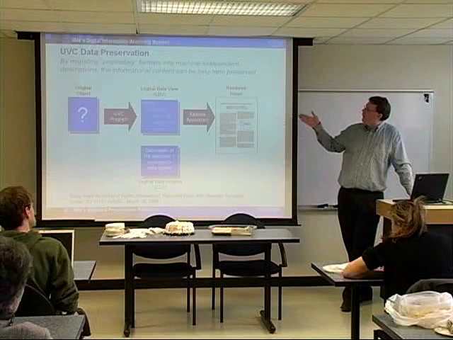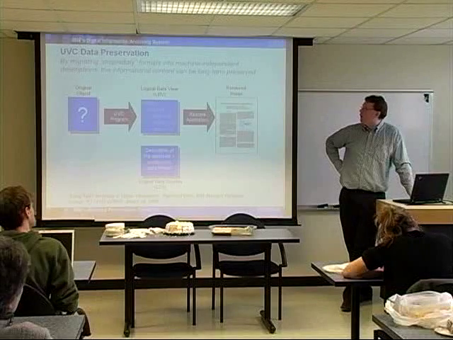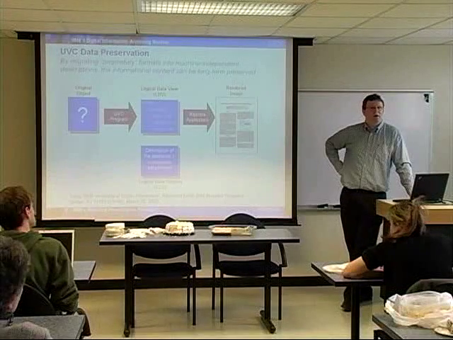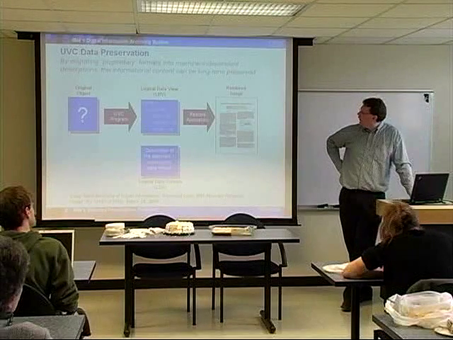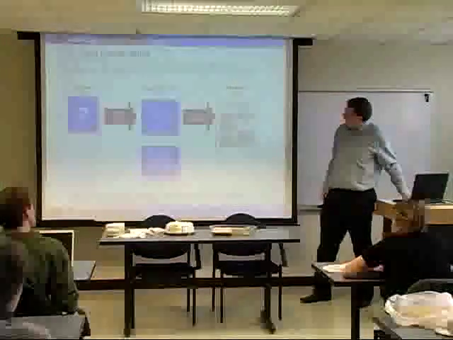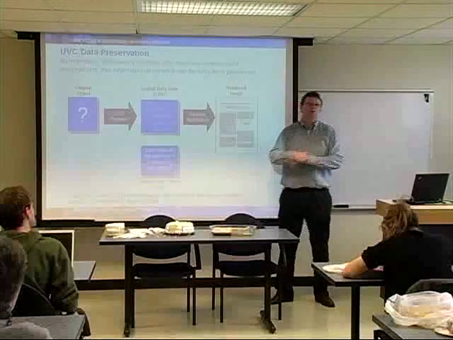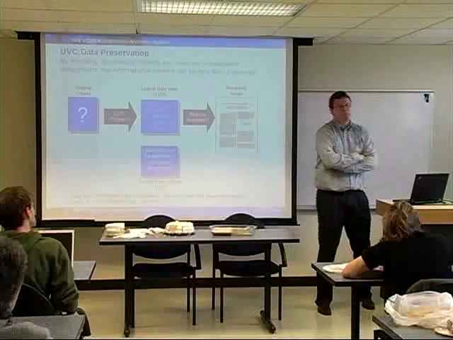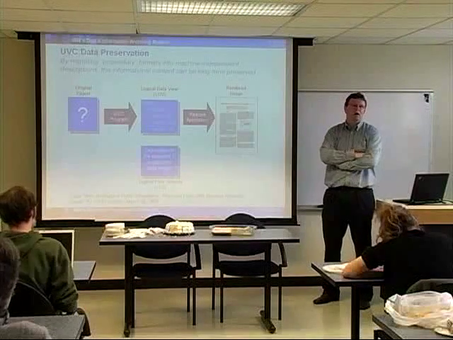So we push that out by designing a UVC program that takes that JPEG file and generates that logical data view for it. In the end, what you then need is, of course, what I talked about. You need to know how to interpret those tag fields and the information that's in there. So that's the schema you need to know.